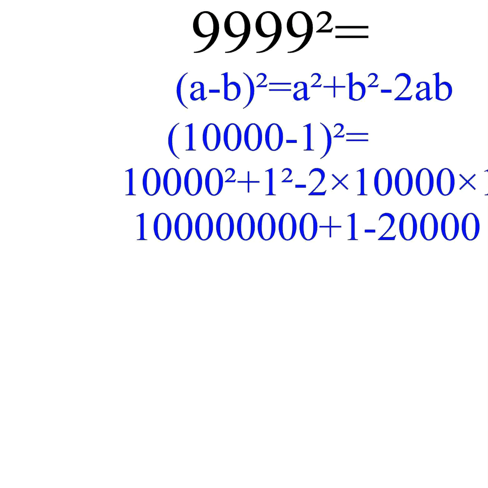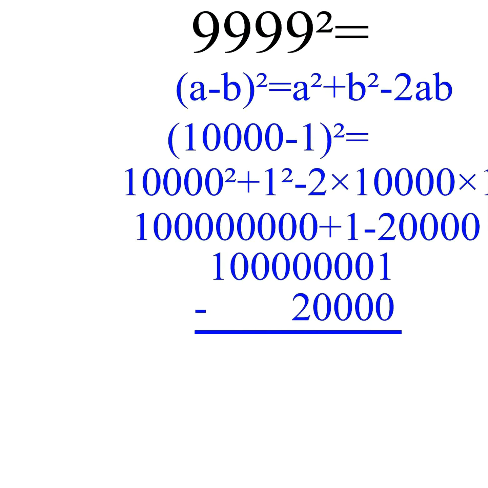which would be equal to 7 zeros, and 1 at the end, minus 20,000. And to calculate it, it would be equal to 1 here, 3 zeros.